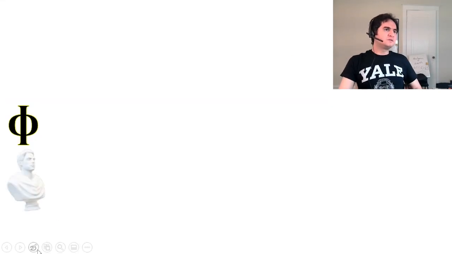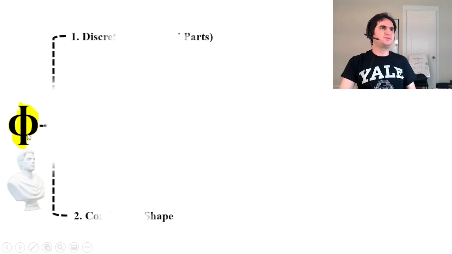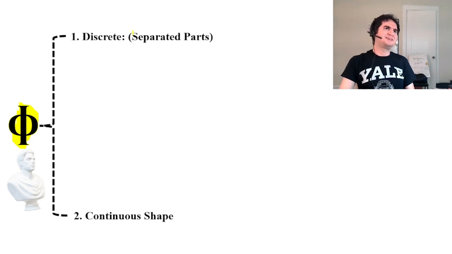In general, phi, like delta in axial load, falls into two main categories: discrete shape or separated parts, and continuous shape.